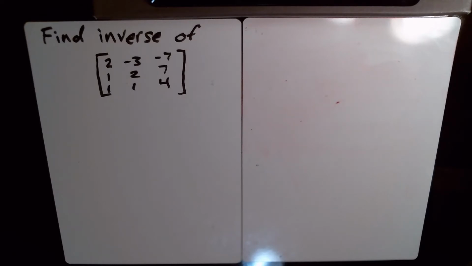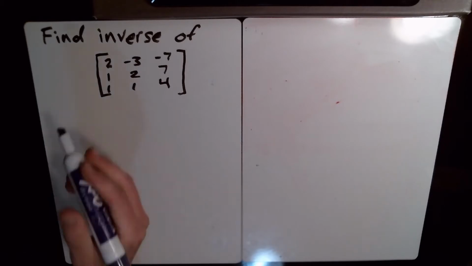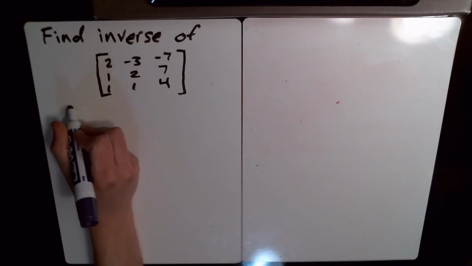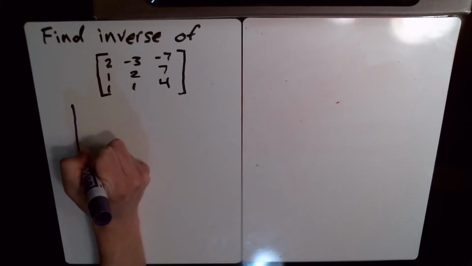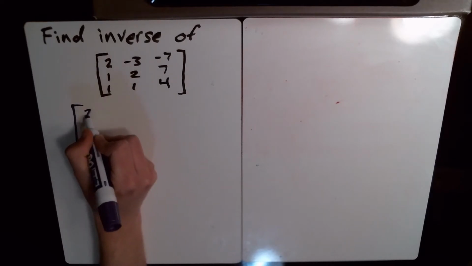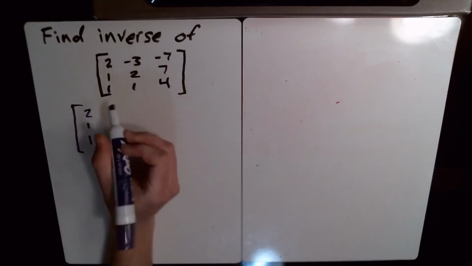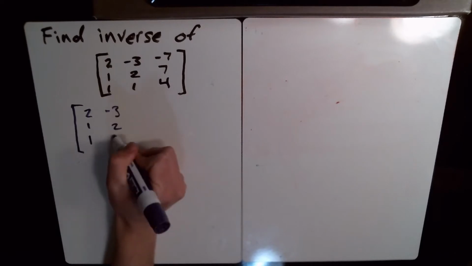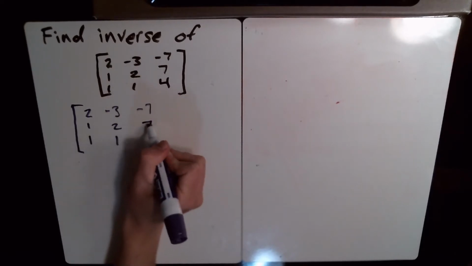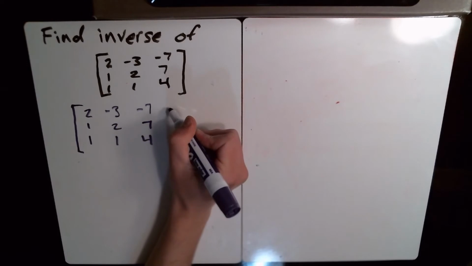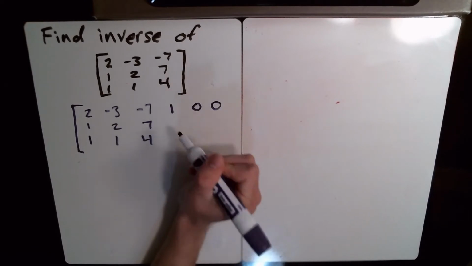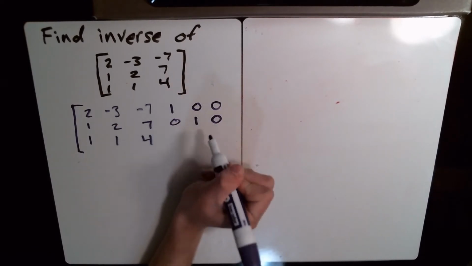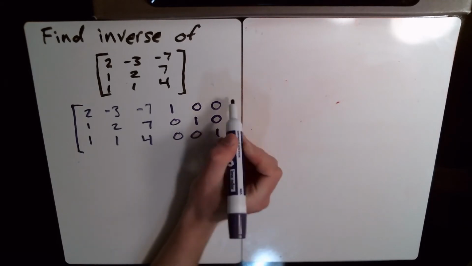And so if you remember from our last video, to find the inverse of a matrix, you put the identity matrix on one side of the matrix that you have, okay? So you take your original matrix and put it in, and then you put the identity matrix of the same size in there, okay?